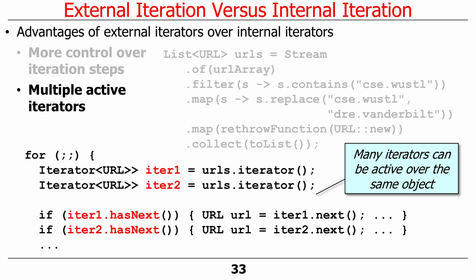You don't always need that, but if you need that, then external iterators are a win because they keep the state in a separate object, so you can have multiple iterator objects iterating over the same collection. One could be going backwards, one could be going forwards, whatever, it doesn't matter. Whereas for the internal iteration, there's only one iterator that's taking place, and it's all controlled internally, and so you don't have the ability to influence how it's going to work.